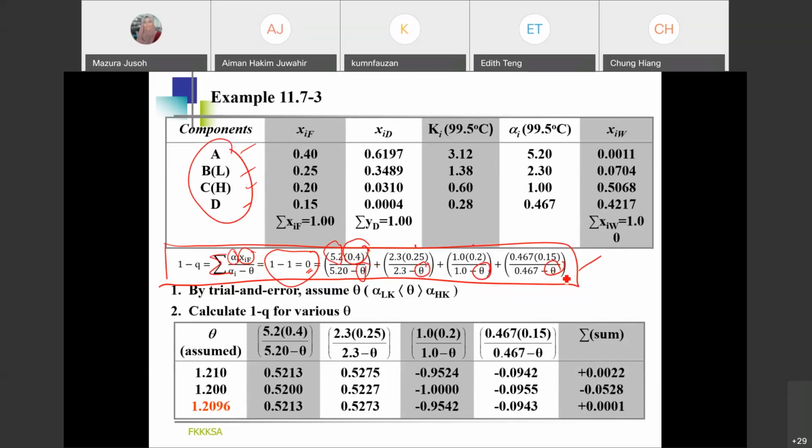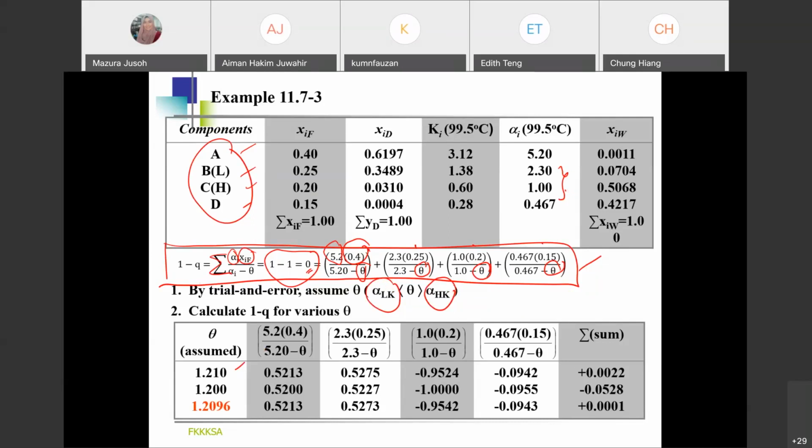The theta value is a value that you have to assume. The value that you want to assume is between the alpha of the light key component and the alpha of the heavy key component, so in this case it's between 2.3 and 1. In this case, the first assumption is 1.21.